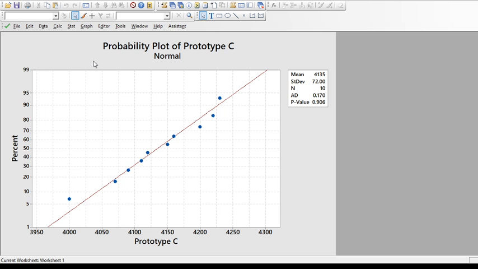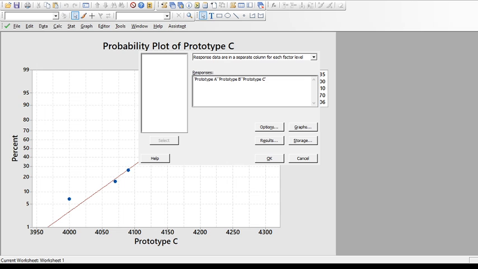So how do you do that? Again, I go back to Stat at the top, and then I go to ANOVA, Test for Equal Variances. And this is the tab I get, when I open Test for Equal Variances.